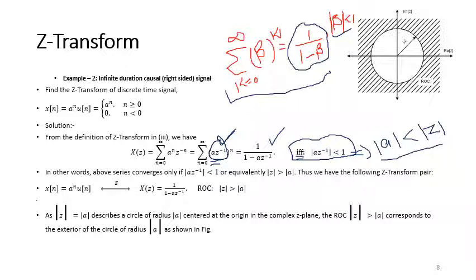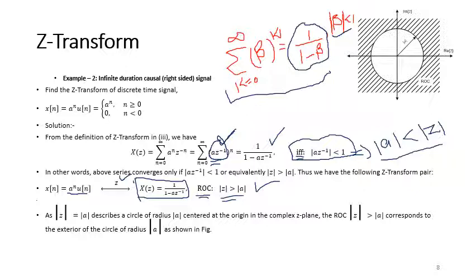Now we can write it like this, that x of n, which is equal to a to the power n u of n, its z transform will result into this mathematical expression, and its ROC will be this one. ROC means region of convergence. So for all values where this inequality is satisfied, is called the region of convergence.